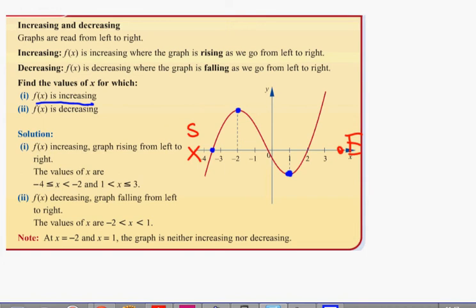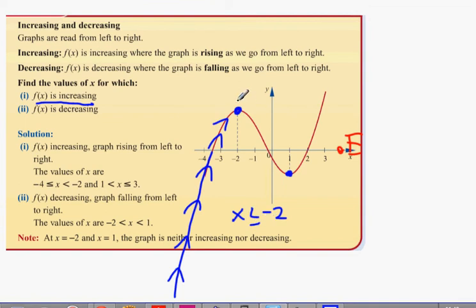It's increasing for any values smaller than minus 2, because it's just going to keep going down this way indefinitely. So I'd write down x less than minus 2. It's always increasing. Do you understand? It's always on its way up. There's no other turning points left. Now, why don't we include 2? Why is it not less than or equal to 2? Because when it reaches the top, it's no longer increasing, it's flat.